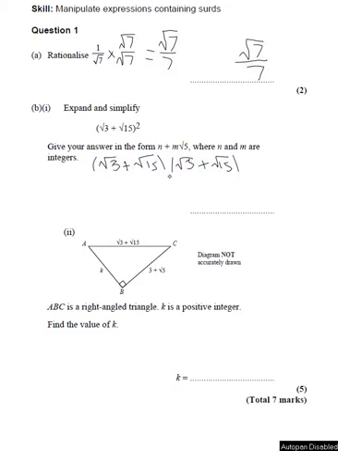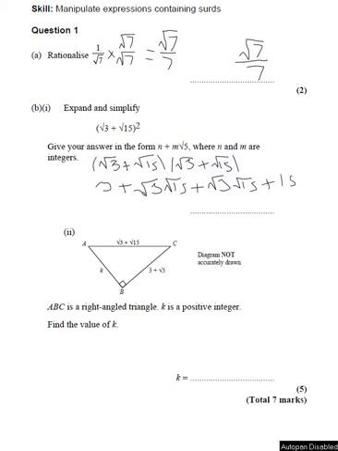Root 3 times root 3 is 3. Root 3 times root 15, I can just write that as root 3 root 15, and I'm going to get another one of those. Might as well write it in the same order. And root 15 times root 15 just gives me 15.